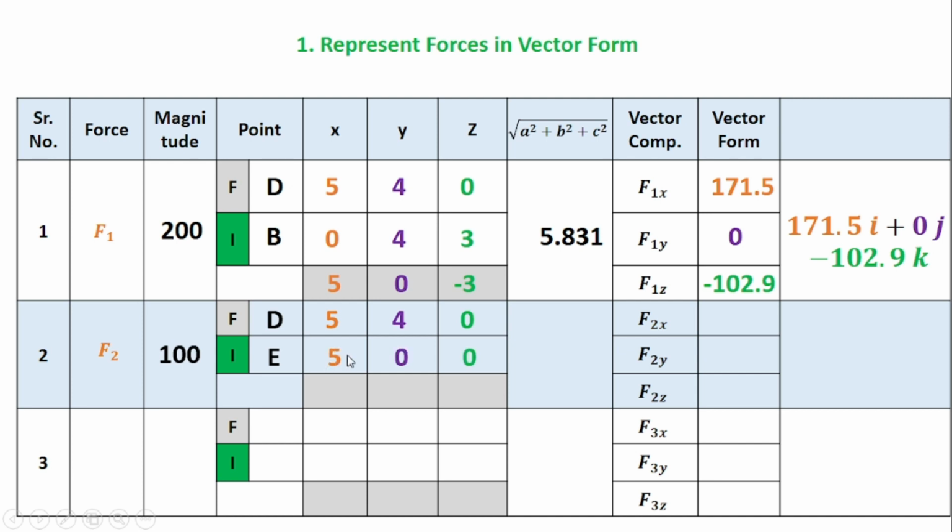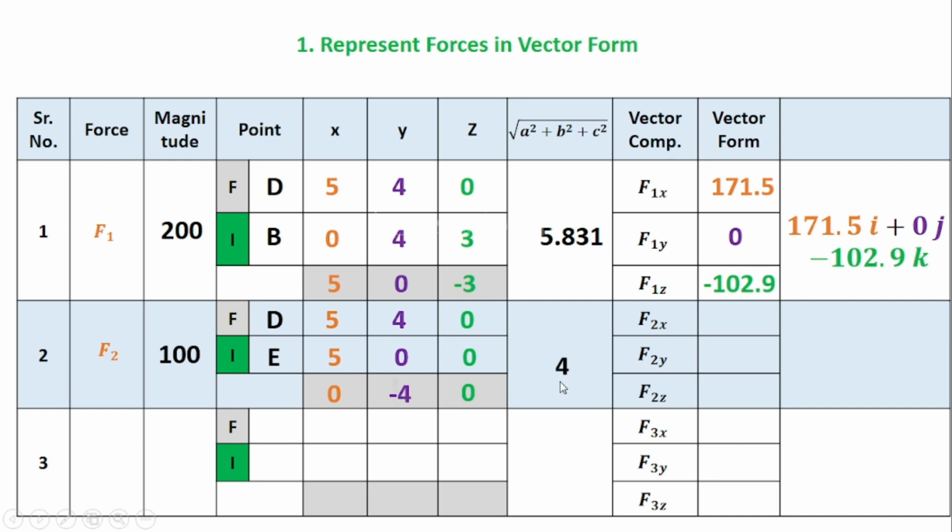Then subtract the second row from the first. So 5 minus 5 is equal to 0, 4 minus 0 is equal to 4, and 0 minus 0 is equal to 0. So here we will write the square root of 0 square plus 4 square plus 0 square.